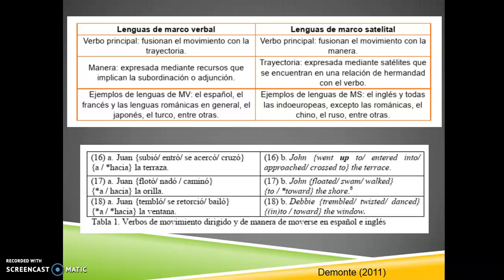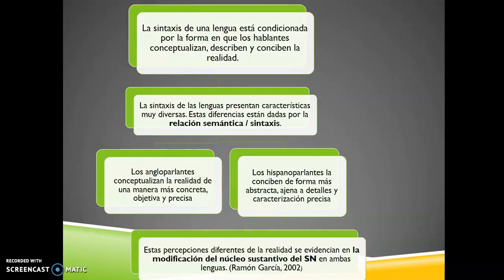Okay, and there are some examples. David trembled, twisted, danced into the window. So you see, these are to analyze these differences. Yes, it's very interesting in analyzing both languages. And I like these charts from Ramón García. Yes, la sintaxis de una lengua está condicionada por la forma en que los hablantes conceptualizan, describen y conciben la realidad. Por eso es cognitive semantics.